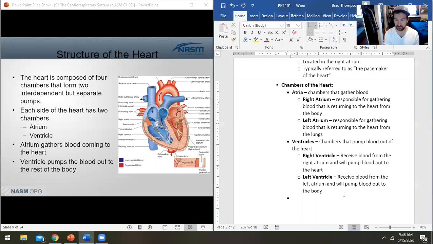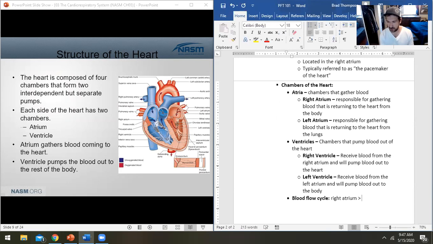All right, one thing I will do, let's do a blood flow cycle here. Let's start with right atrium.